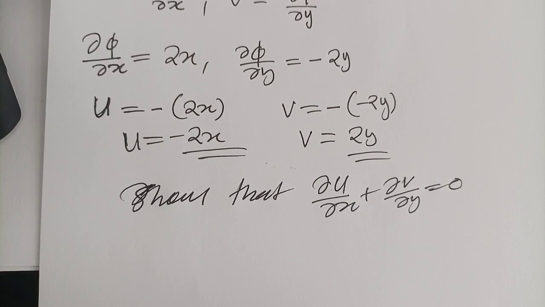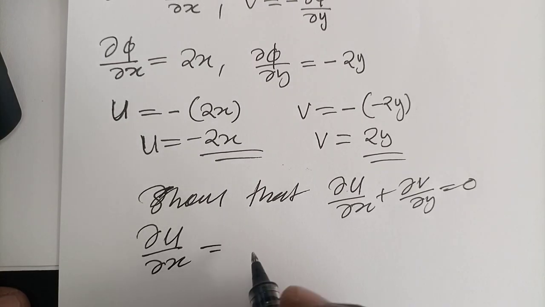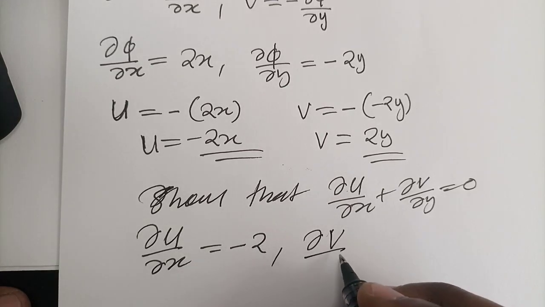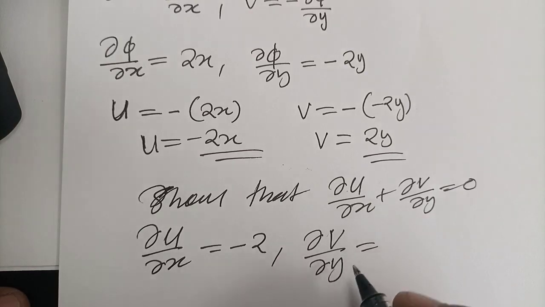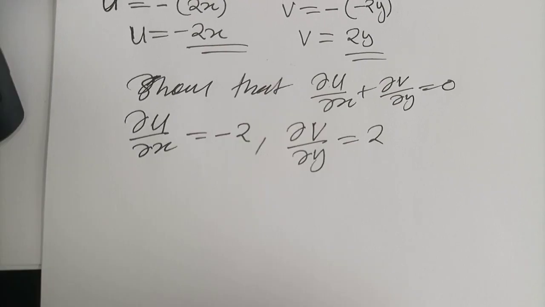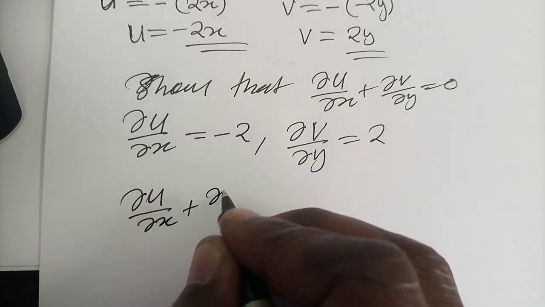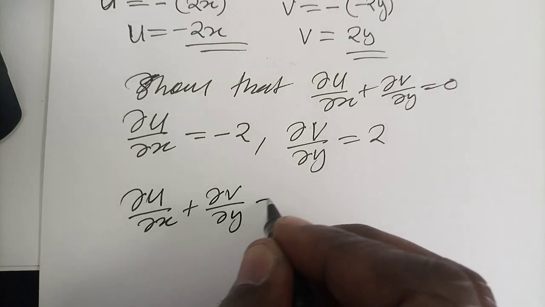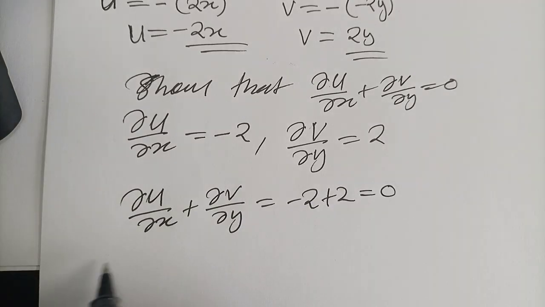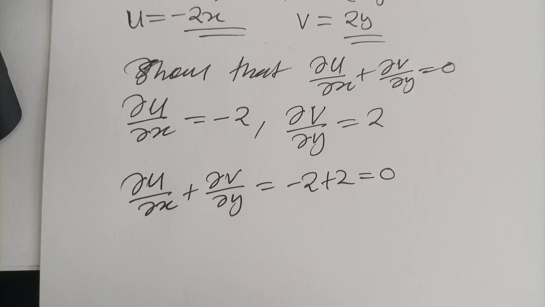So the first part, we need to find the partial derivative with respect to x, which is going to give us negative 2, and also the partial derivative of this velocity component with respect to y, we're going to get a 2. Then adding the two, if you add this du/dx plus dv/dy, you're going to get negative 2 plus 2, which is a 0. So this shows that the continuity equation has been satisfied. So the flow is physically possible.